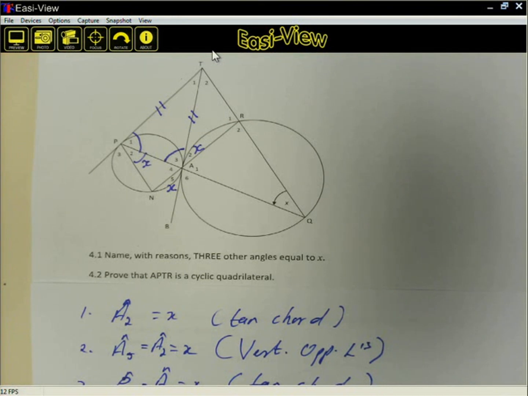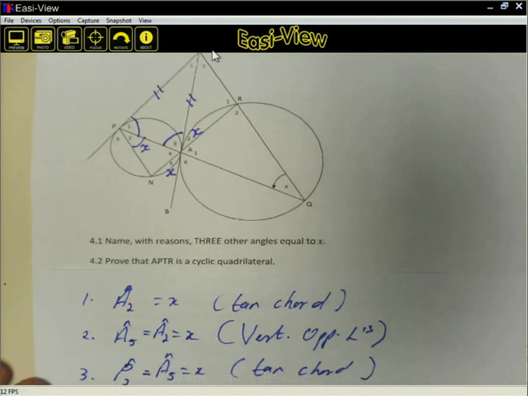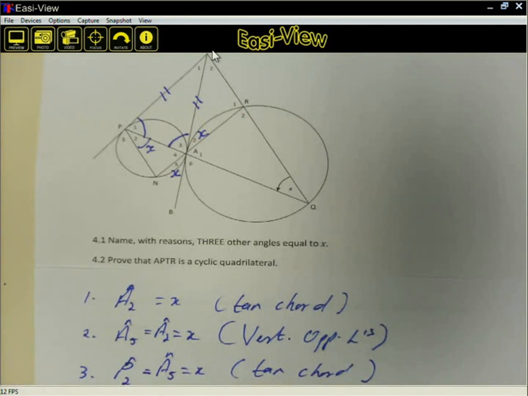There are three ways of proving a quad to be cyclic. Number one, if the exterior angle of a quadrilateral is equal to the interior opposite angle, then the quadrilateral becomes cyclic.